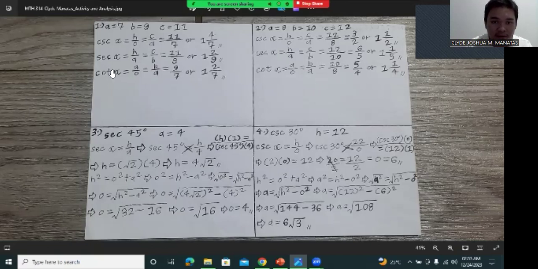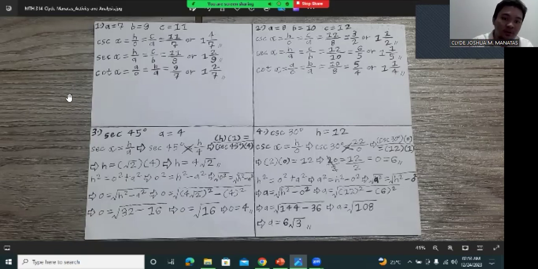H times 1 is h, and secant 45 degrees is square root of 2, times 4. So h is 4 square root of 2. The hypotenuse is equal to 4 square root of 2.